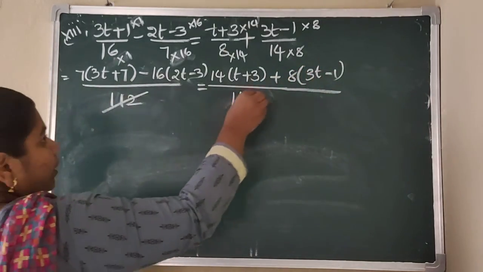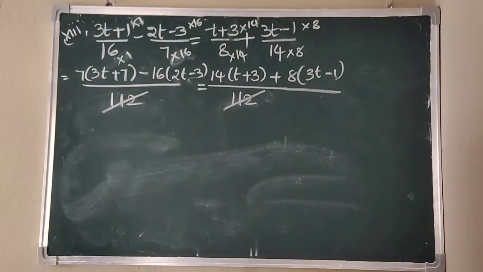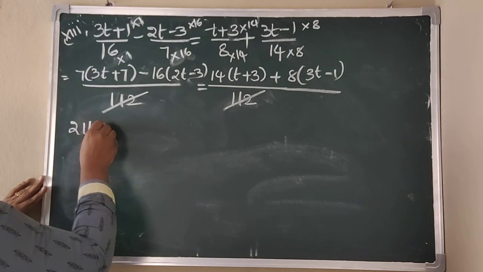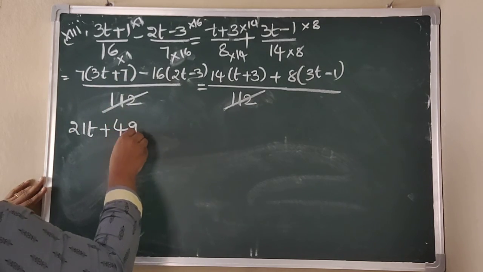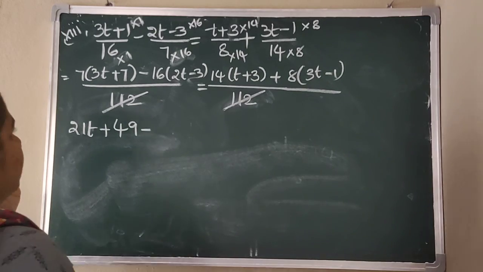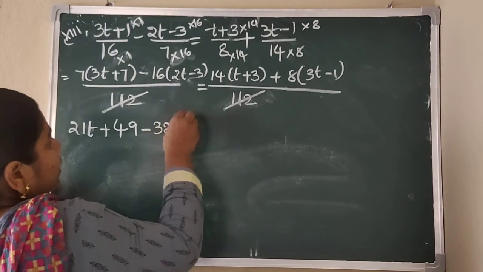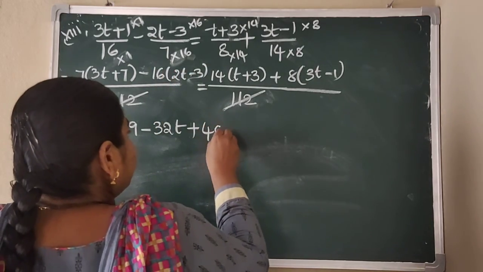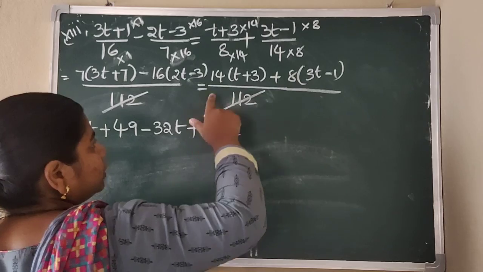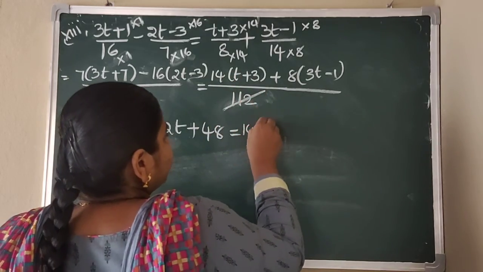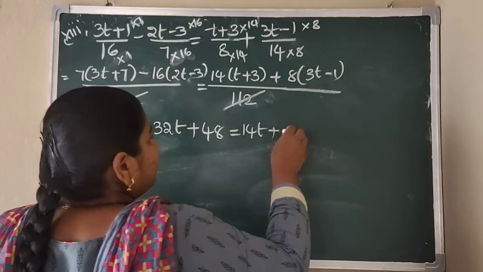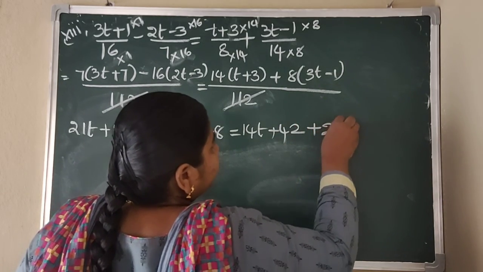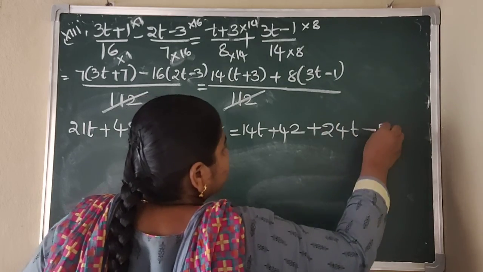So here 112 will get cancelled. So each and every term we have to multiply now. 7 threes are 21t, plus 7 ones are 7, minus 16 twos are 32t, minus into minus is plus, 16 threes will be 48, is equal to, now multiply these terms. 14 into t will be 14t, plus 14 threes will be 42, plus 8 threes are 24t, minus 8 ones are 8.